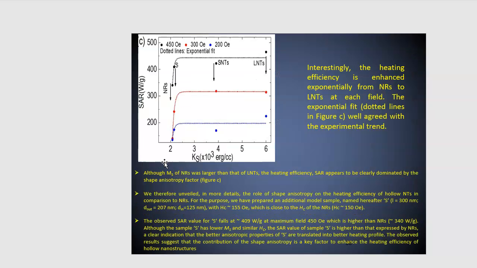We have also plotted the shape anisotropy versus the SAR, and we found that the heating efficiency is enhanced exponentially from nanorings to long nanotubes at each field.